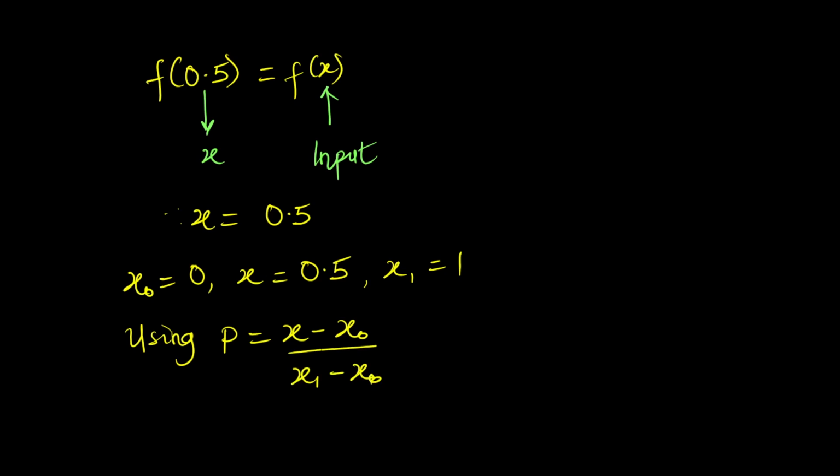So where our x1 minus x0 represents the constant range between successive values of x, which is often denoted as h. By substituting we are going to have our x, which is 0.5, minus x0, which is 0, all over 1 minus x0, which is 0, and this is equal to 0.5. Lastly, we are going to use this formula to find our interpolating polynomial.